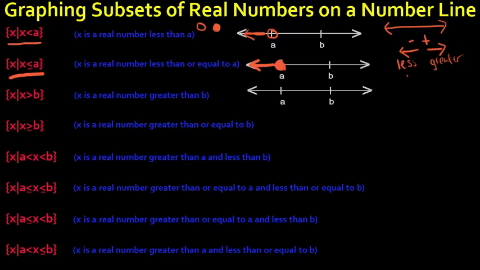is x such that x is greater than b. So again, it's just greater than. So we'll find b, and greater than is up, meaning positive or to the right. So we will just fill in that line and say we don't have a specific number.